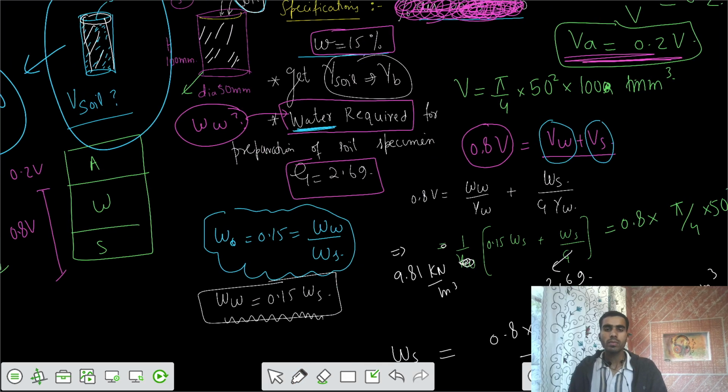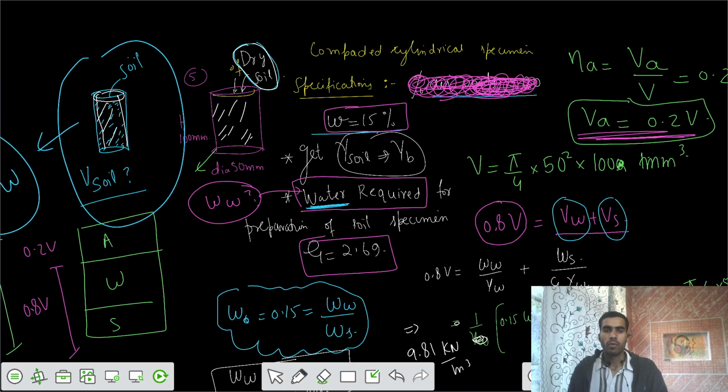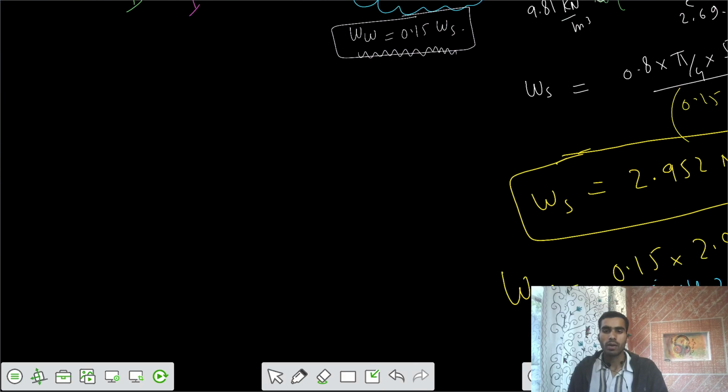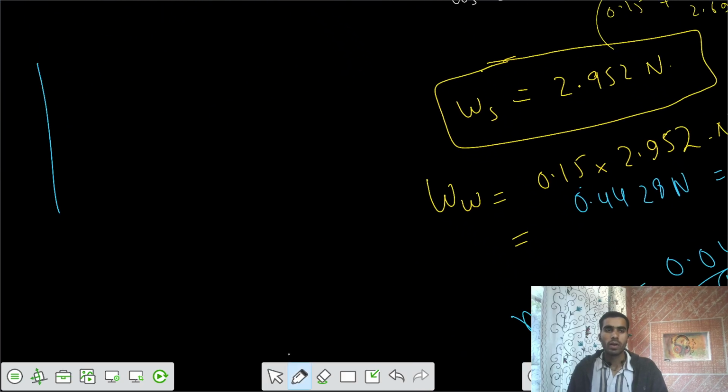Okay. So this part of the problem is over, and we also need to calculate what is the gamma of the soil, that is the bulk unit weight. Can you calculate that? You had this specimen, you are applying that water, you are applying that solid also.